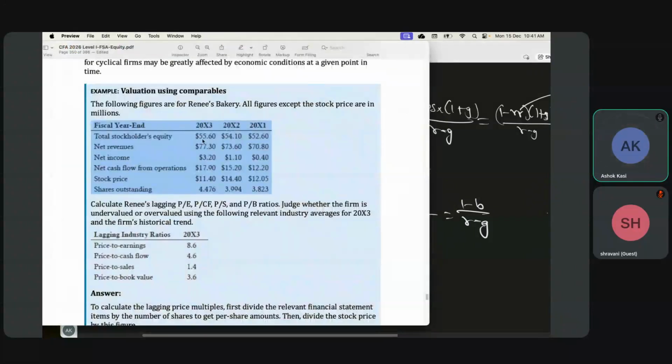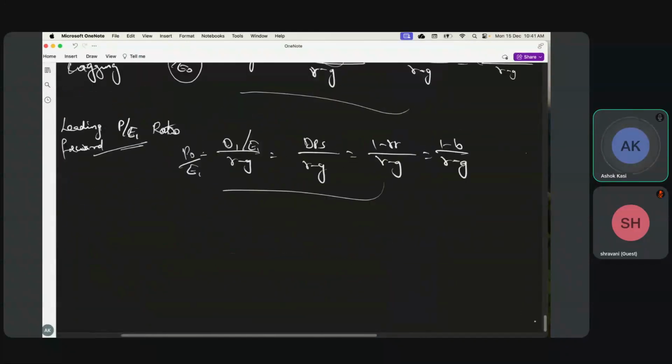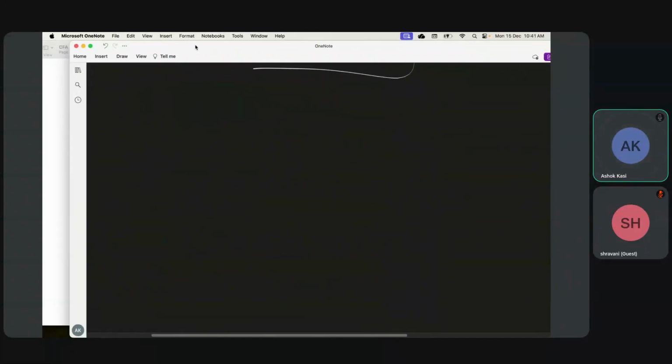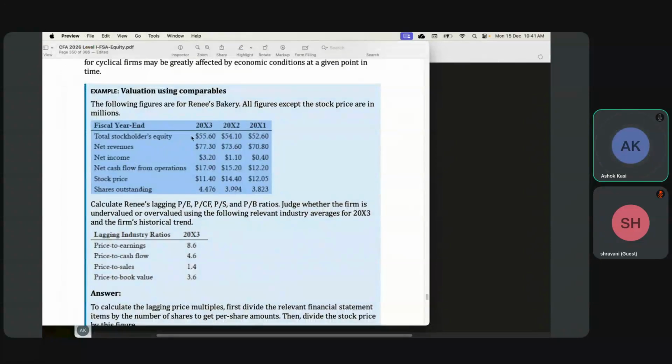Here, see, this is the stock price. Except stock price, all figures are in millions. So stock price is for one share. I want price to earning. So I know the price is 11. Earning is earning per share. How will I find it here?